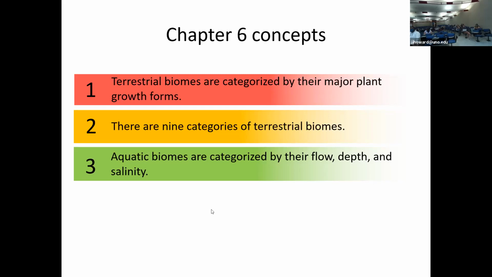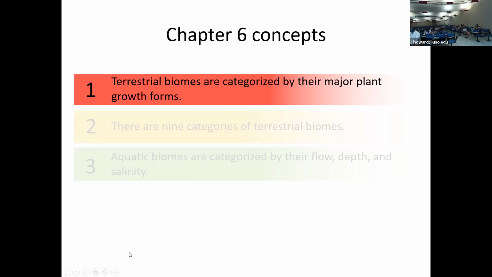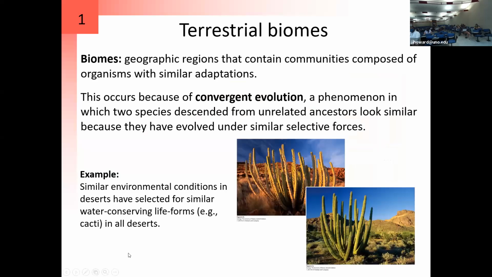What's interesting is that although they are different habitats on different continents, perhaps, we categorize them as biomes, that is a type of habitat, because they impose similar kinds of selective pressures on the organisms that live in them.